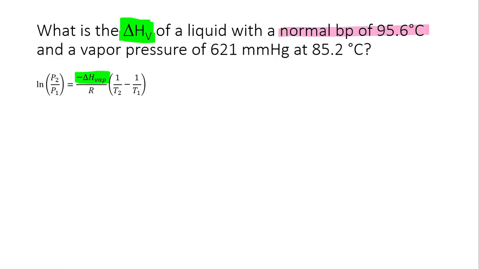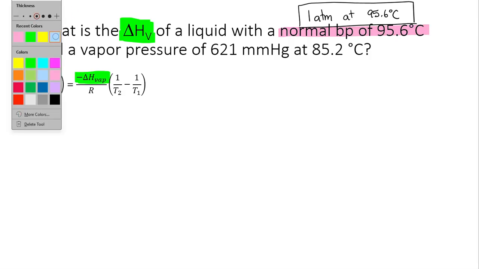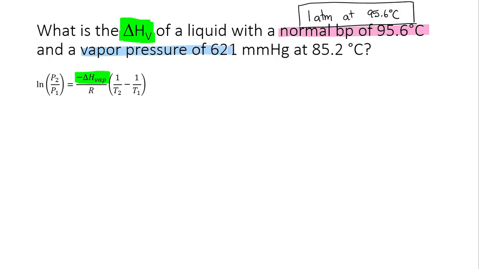So again, what that means is we have 1 atmosphere at 95.6 degrees Celsius. Normal boiling point: the vapor pressure equals 1 atmosphere. Then I'm going to switch to blue, a vapor pressure of 621 millimeters of mercury at 85.2 degrees Celsius.